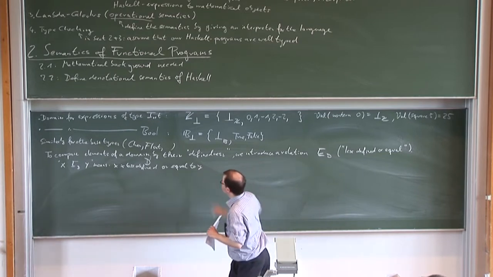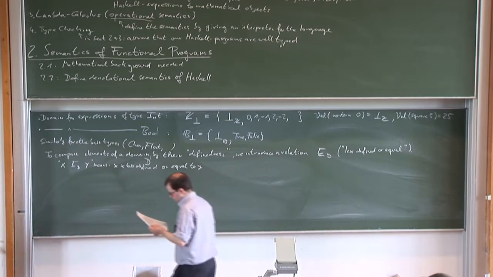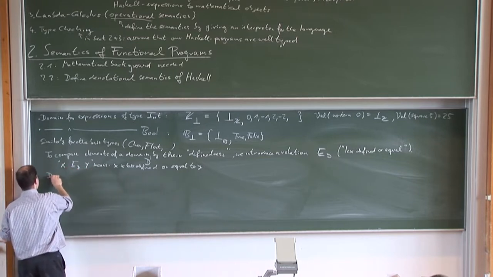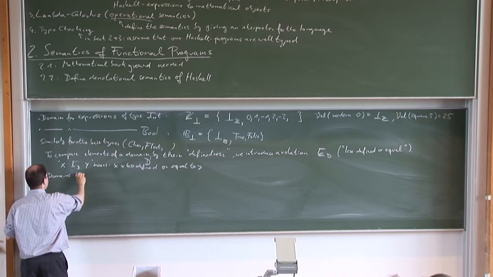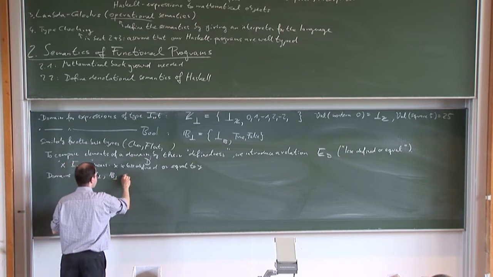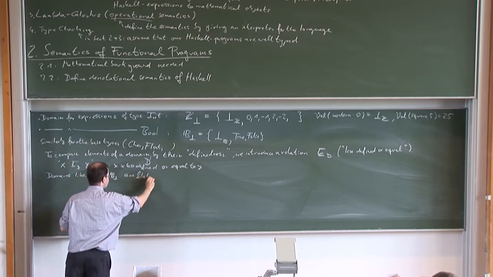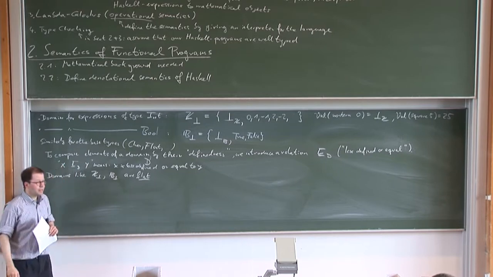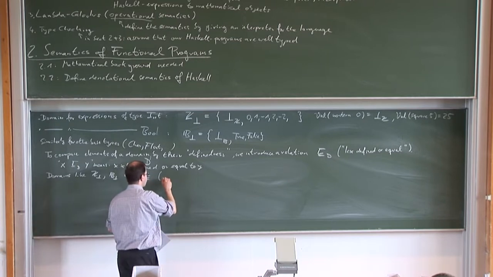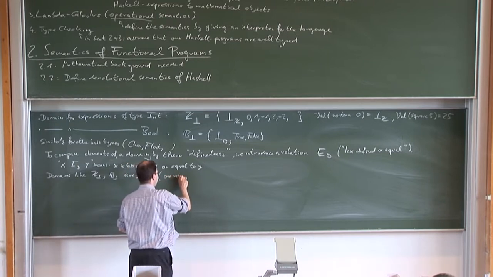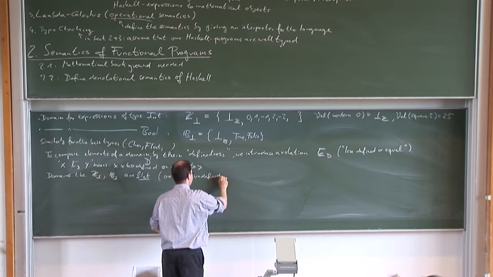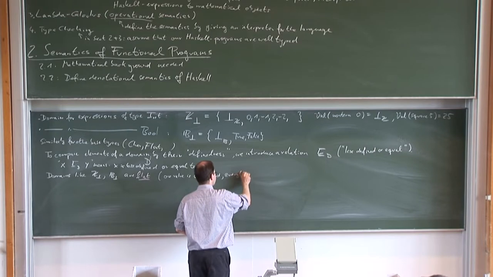Now, the domains that we had up to now, so domains like z bottom and b bottom, are called flat, and flat means there is one undefined value and everything else is defined. So one value is completely undefined, everything else is completely defined.